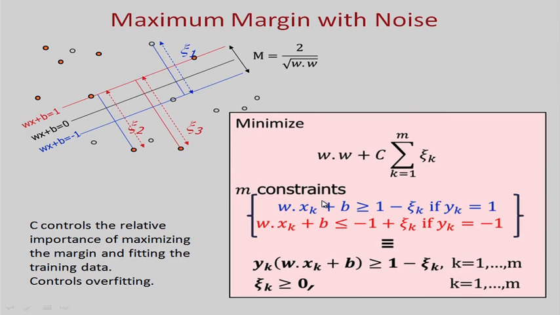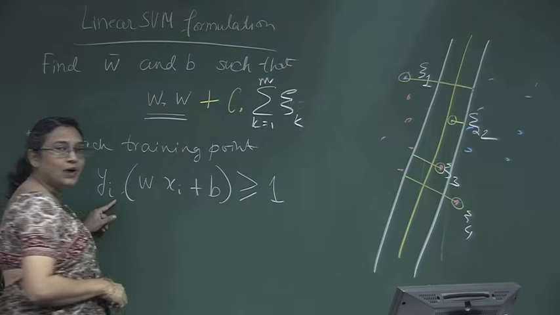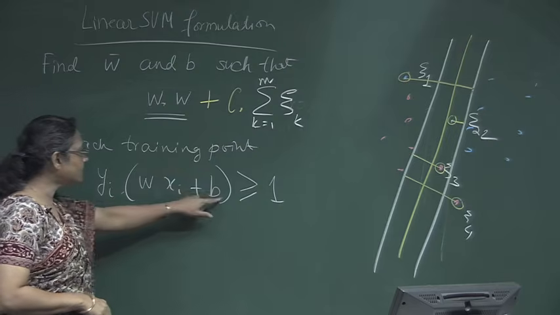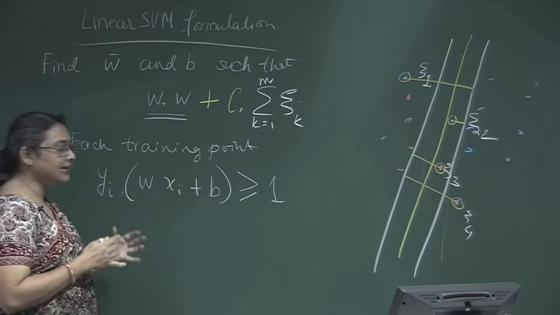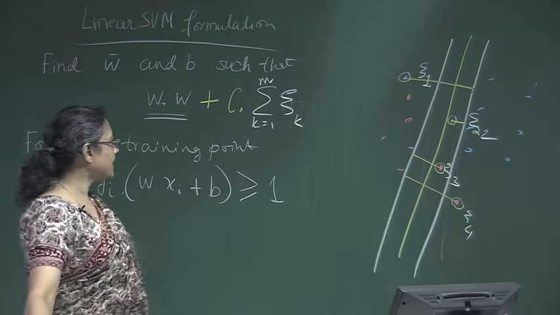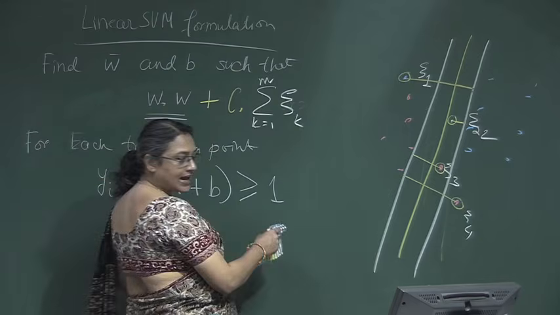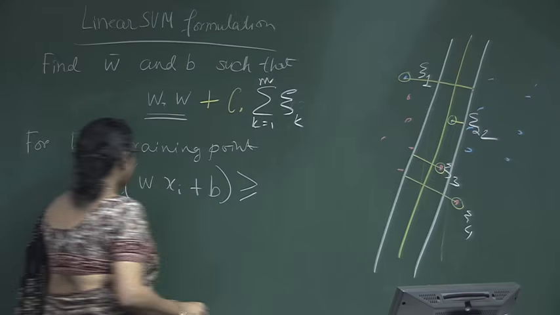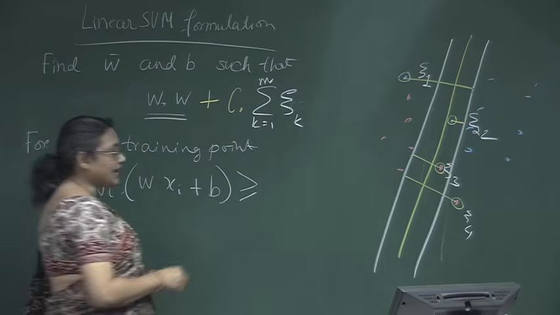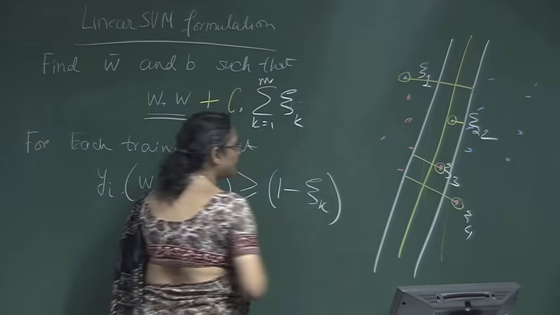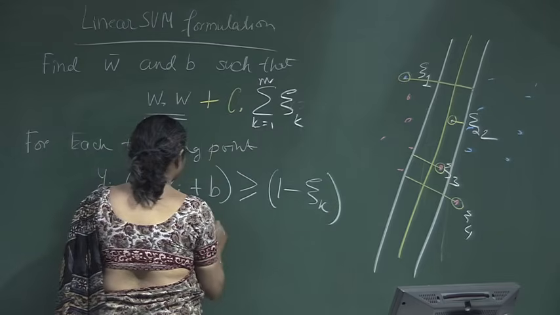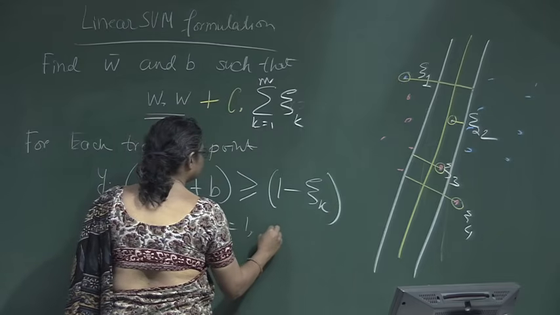Earlier the constraint that we had is y i times w dot x i plus b greater than or equal to 1. Now, you see that this constraint will no longer hold for those points which are in the wrong zones. So, we can rewrite this constraint as y i times w x i plus b greater than or equal to 1 minus xi i, for i equal to 1 to m.